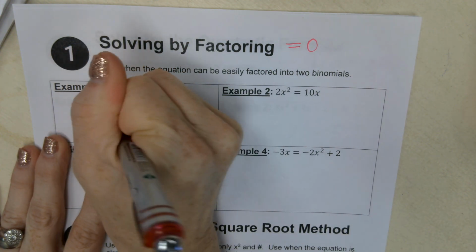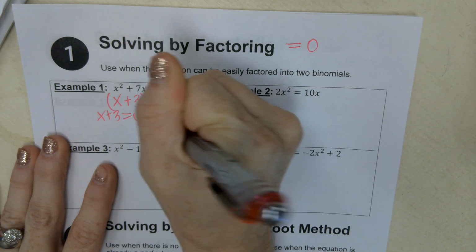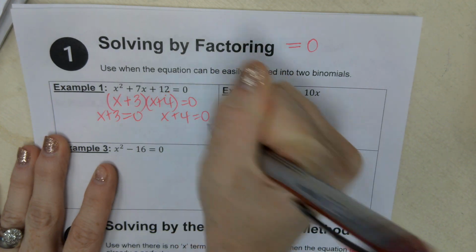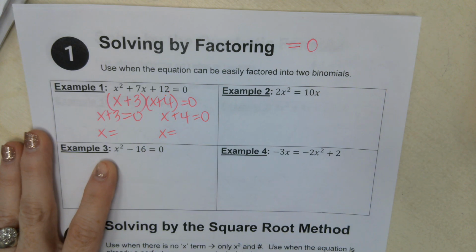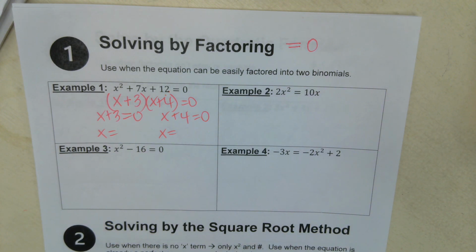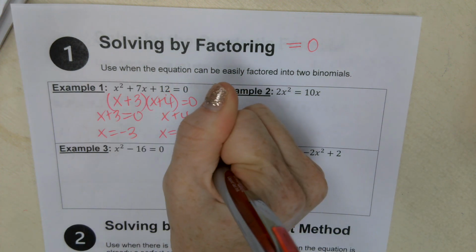This is where you take those individual factors, break them apart and set each one equal to 0 so that you can solve for x. What would my two solutions be here? Good.